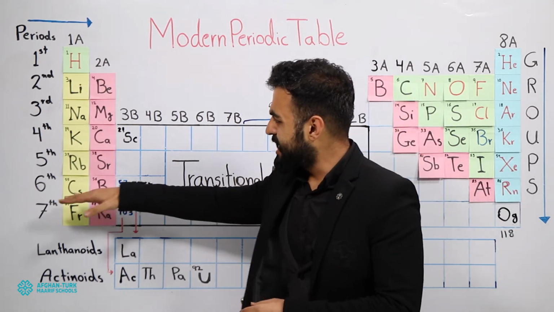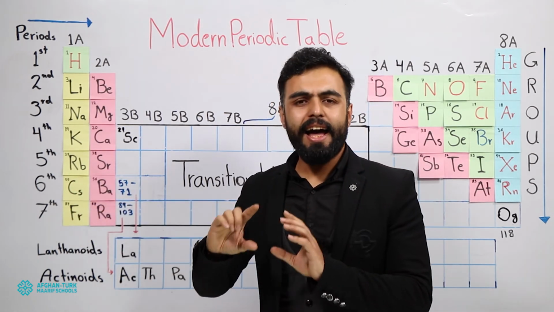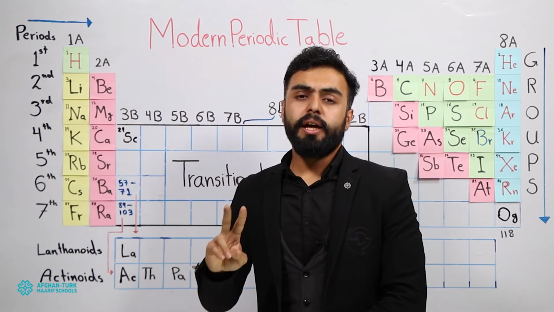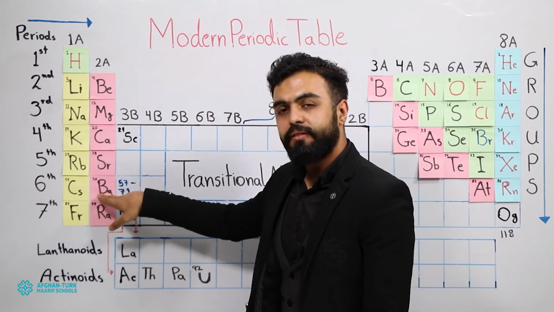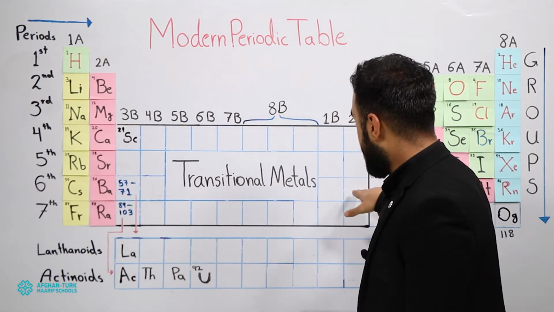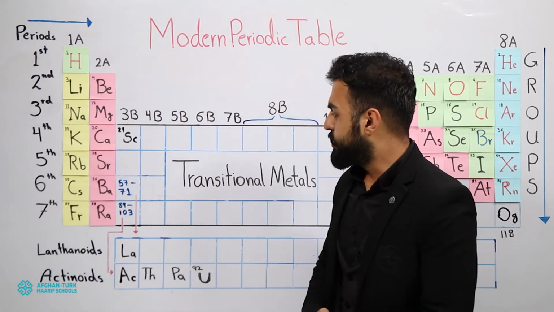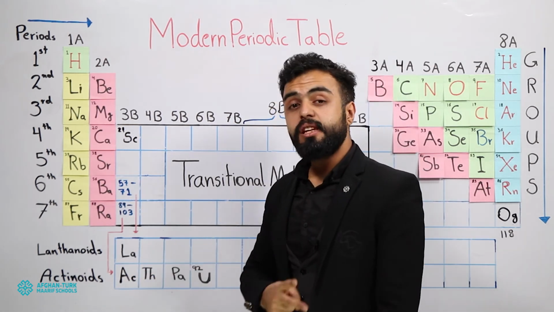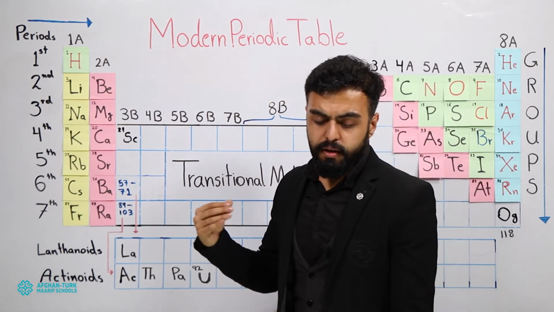So the 6th and the 7th periods both have about 32 elements. Why? We have 2 elements here, 10 elements here, and 6 others here. But they are 32 because we have 2 series in the 6th and the 7th periods.